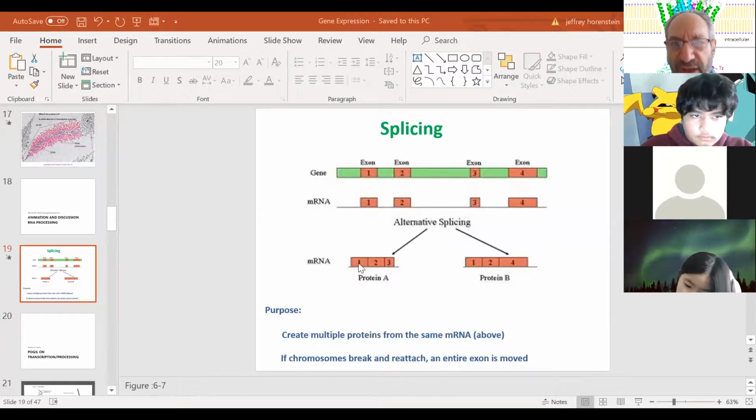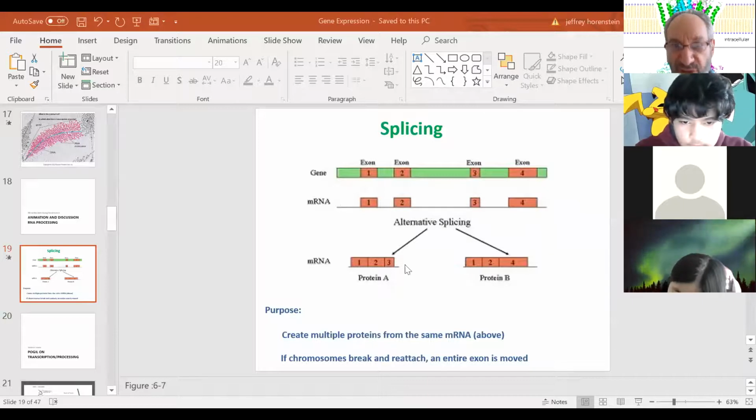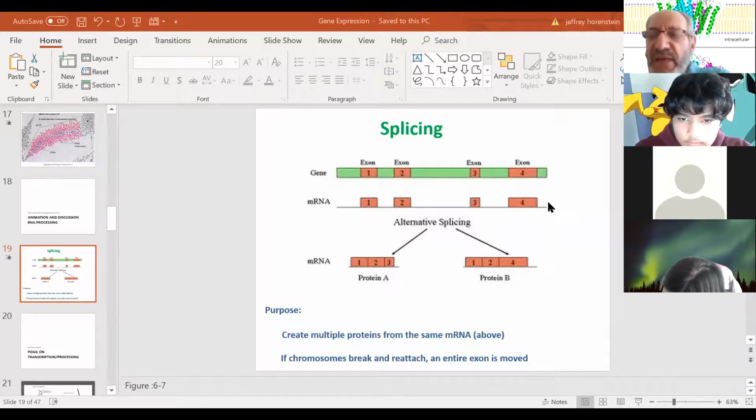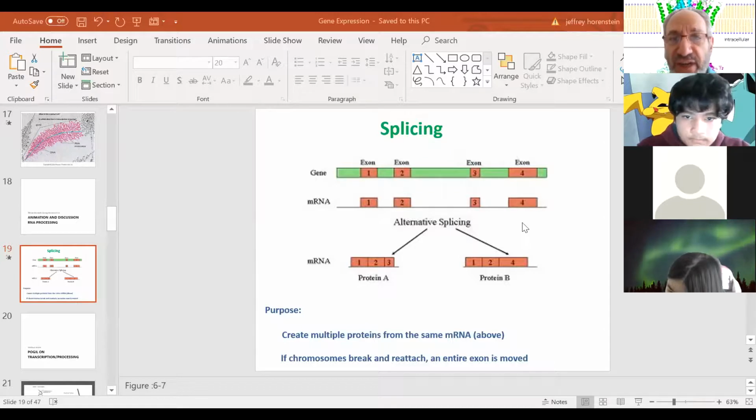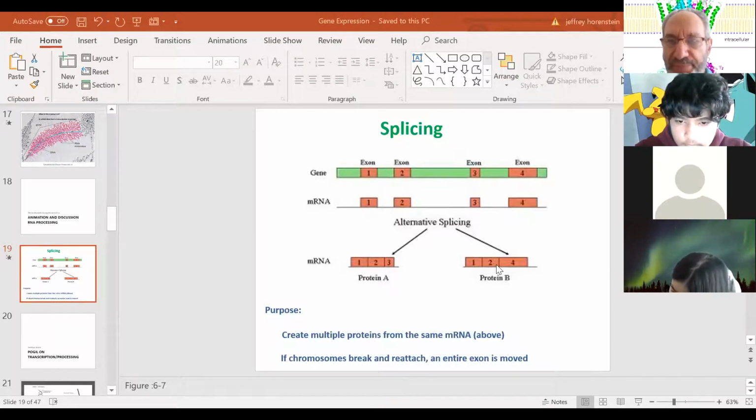And all you're left with is 1, 2, 3, and 4, which, you can see, is much smaller than that. And this is a little distorted, in that the part that's thrown away is usually much bigger than the part that's kept. It's a very small percentage that actually forms the final mRNA.